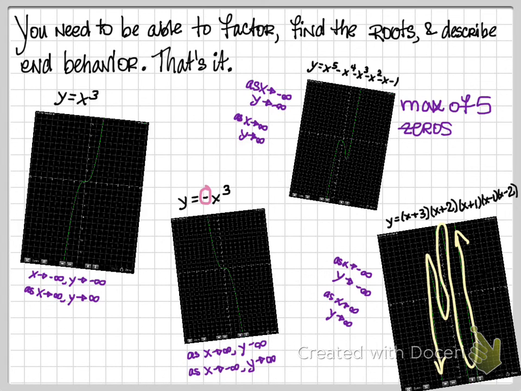So you need to know how to factor. You need to know how to set those factors equal to 0 so that you can find the zeros.